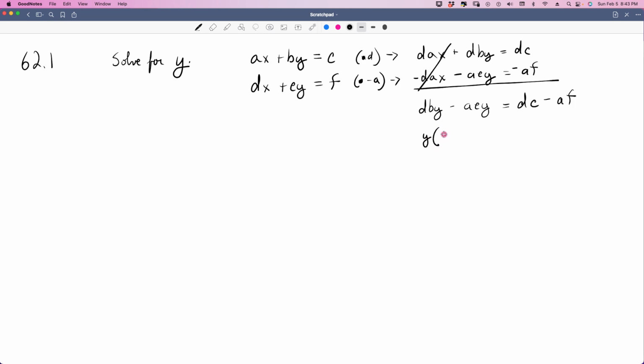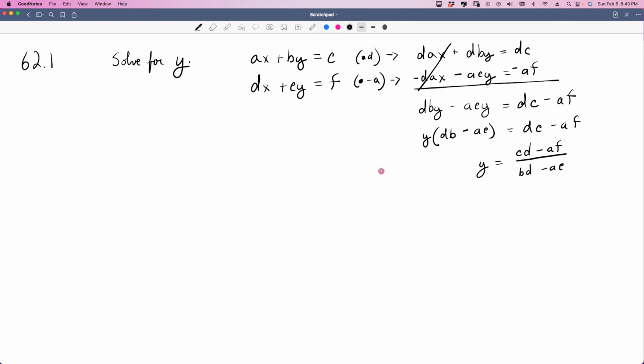So y times dB minus aE equals dC minus aF. And then we just divide by this factor, and y is going to be equal to, and I'm just going to put these in alphabetical order for the sake of just our conventions that we usually use, which is probably the way I would put it in Jupyter. So this would be Bd, because that's alphabetical order, minus aE. And that would be how you would solve for y in a given situation like this.